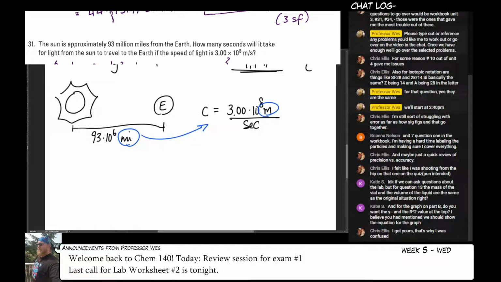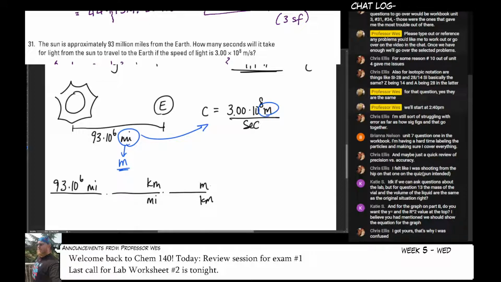Now, these units don't match, so what I need to do first is turn this into meters. And then I can turn meters into seconds, and that will solve the question, right? So let's do that. So 93 million miles. We're going to turn it into meters. Well, the only version that I know is to do this.